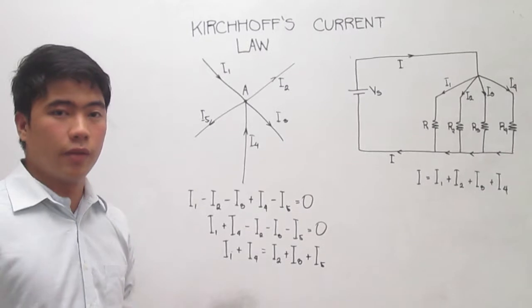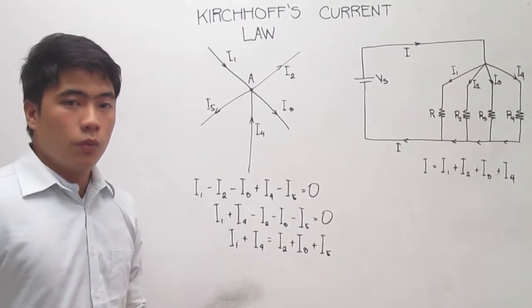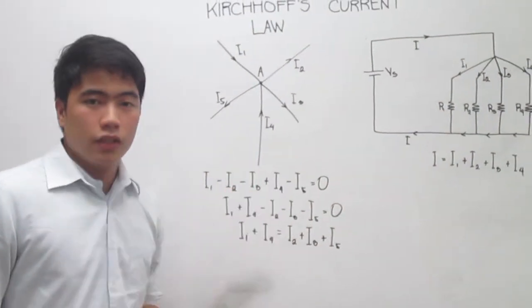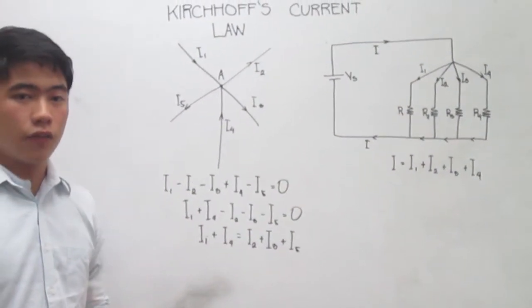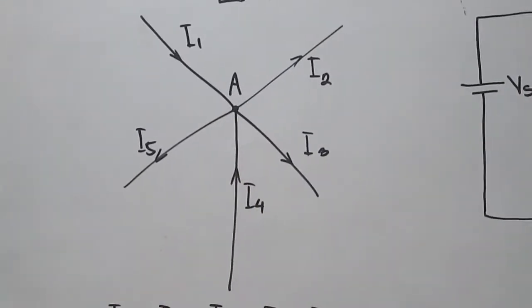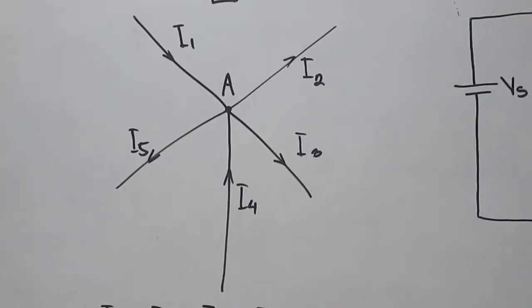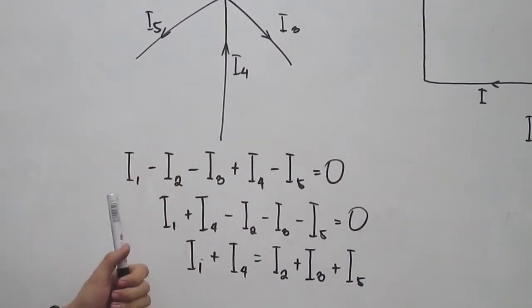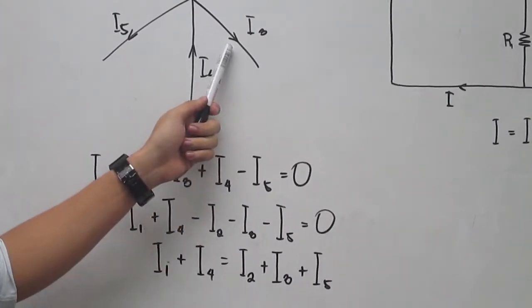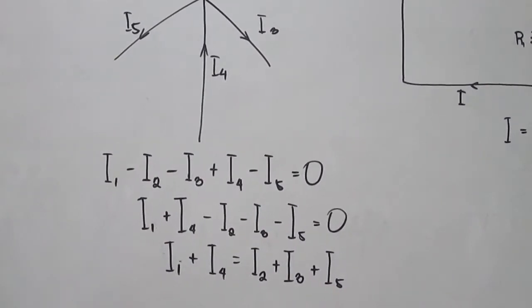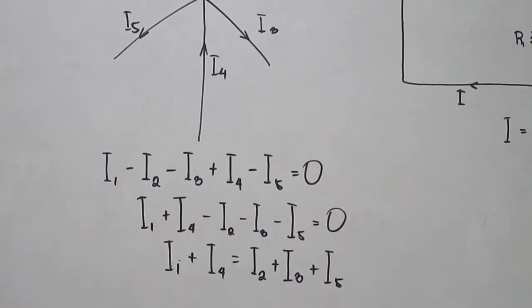In order to understand more about Kirchhoff's current law, we consider the case of a few conductors meeting at a point as in this figure. Some conductors have current leading away from point or junction A. Assuming the incoming current to be positive and the outgoing currents to be negative, we have I1 as positive, negative I2, negative I3 as outgoing current, positive I4 because it is incoming current, then negative I5 because it is outgoing.